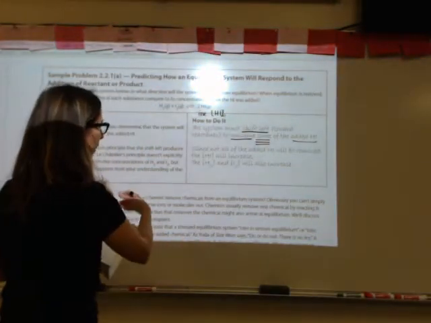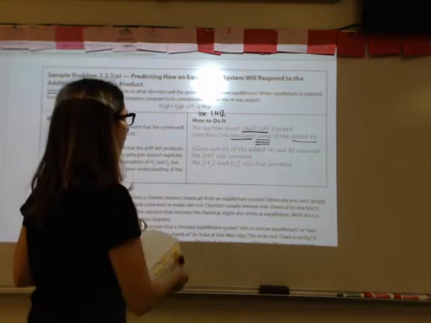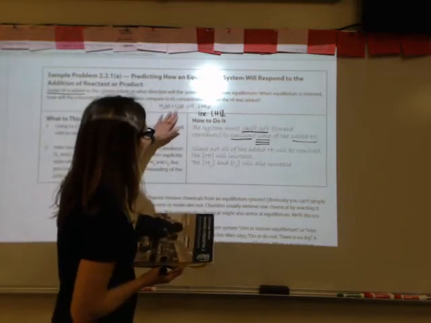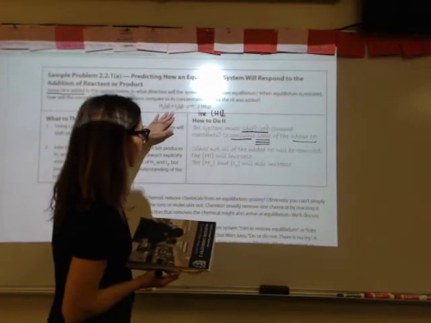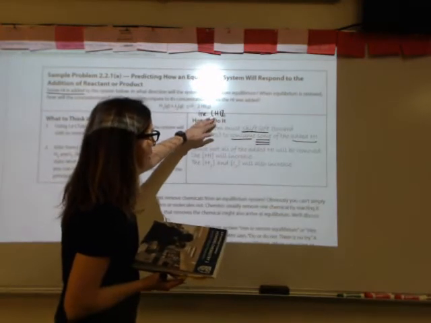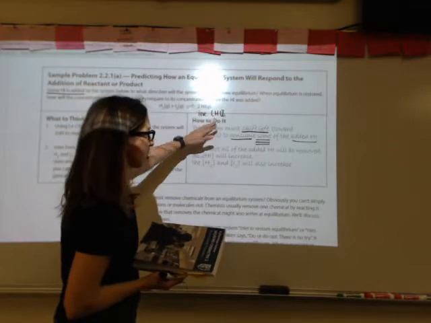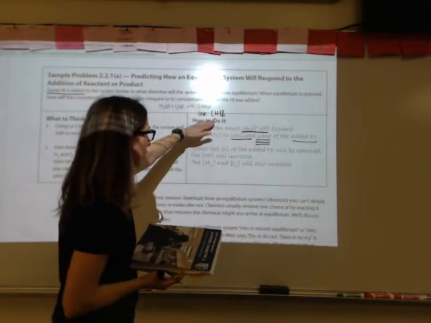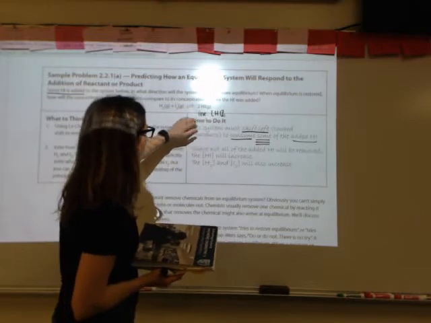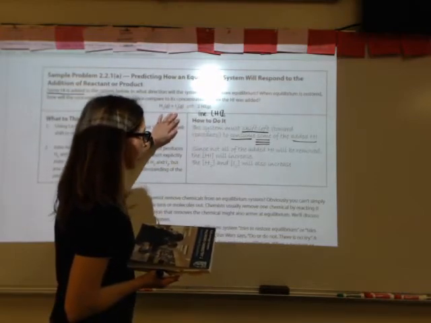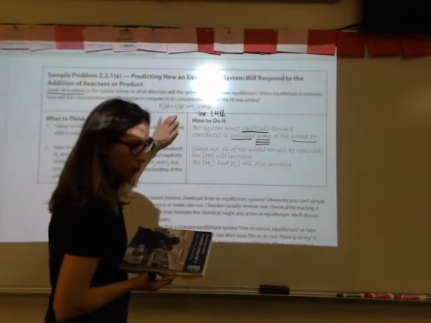And as I'm shifting left towards the reactants, that means I'm going to in turn increase the concentration of my reactant some with that shift. I won't remove all of the added HI. So overall, the concentration of HI will increase, but the concentration of H2 and I2 will also increase, okay?